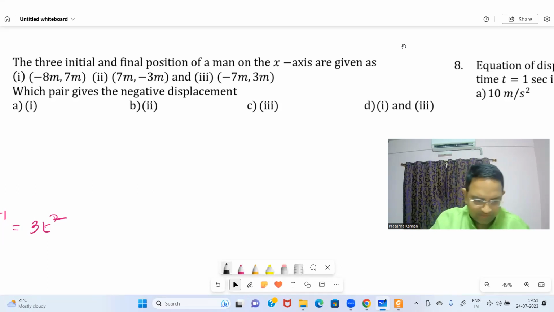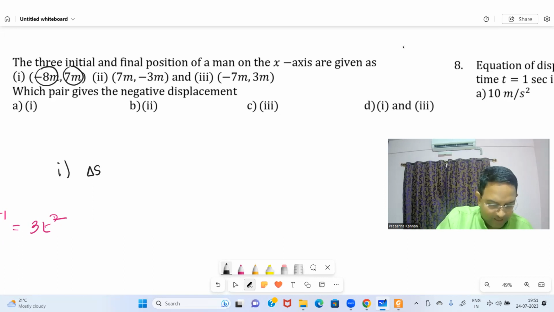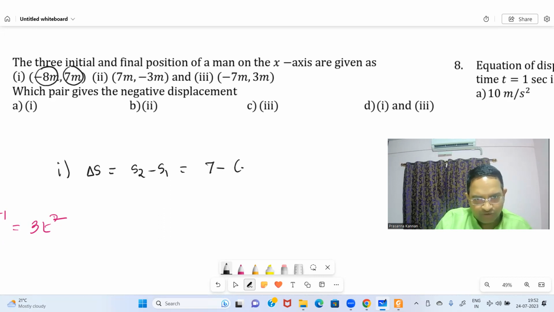Excellent answer, Evelyn. Final position 7, initial position minus 8. So change in displacement is nothing but final position minus initial position. So 7 minus 8 gives you a positive number. So that's not your answer.